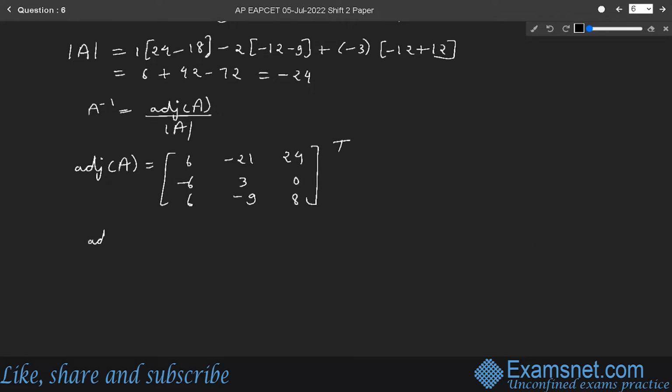So we can say that adjoint of A is equal to [6, -6, 6; -21, 3, -9; 24, 0, 8]. This is the adjoint of A.